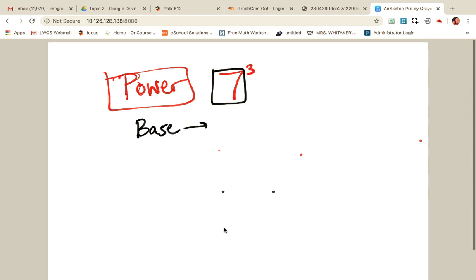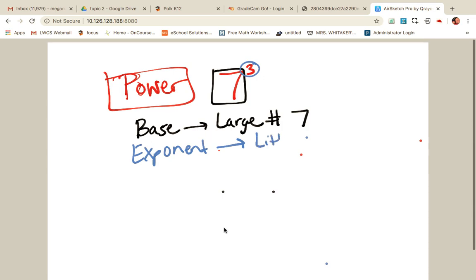Okay, it's the large number. And the little 3 here is called the exponent. The large number was 7, and the exponent was the little number, the 3.